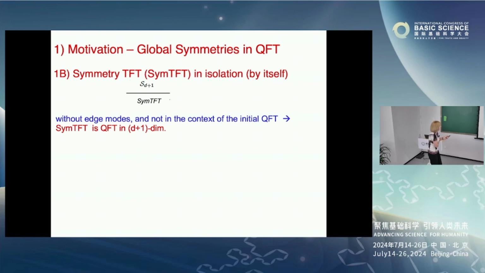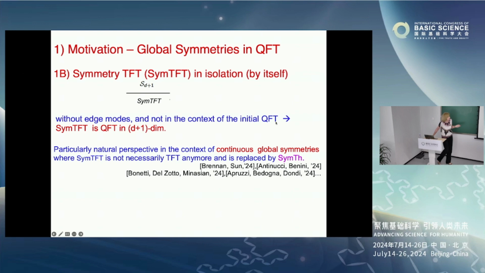Such a symmetry TFT is actually now just a quantum field theory in one dimension higher. It turns out that it's particularly natural to take this perspective in the context of studying continuous global symmetries, where the symmetry TFT is not necessarily a topological field theory anymore, and it's now replaced just by a symmetry theory.